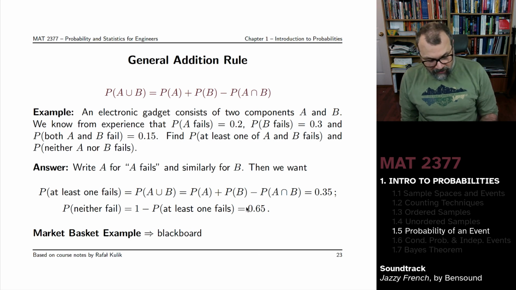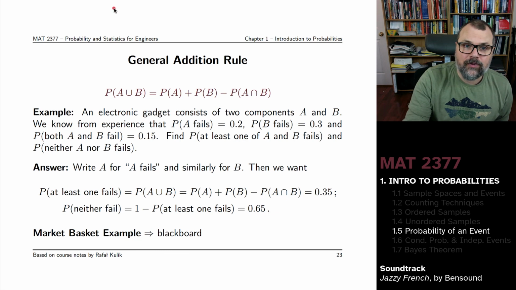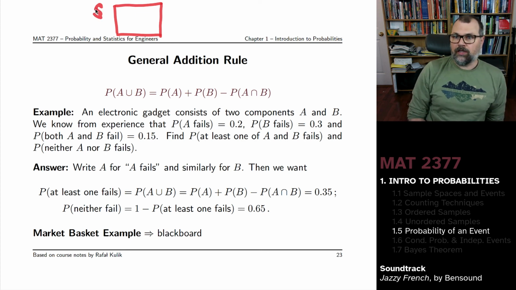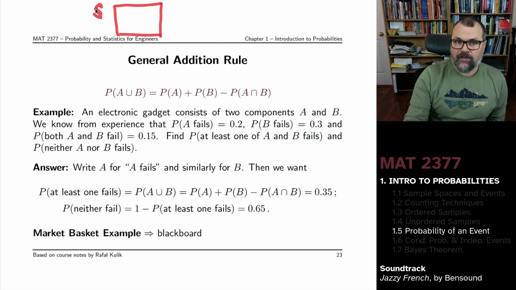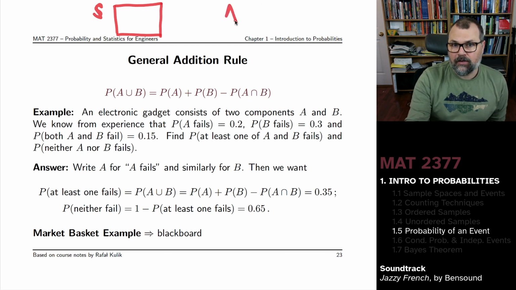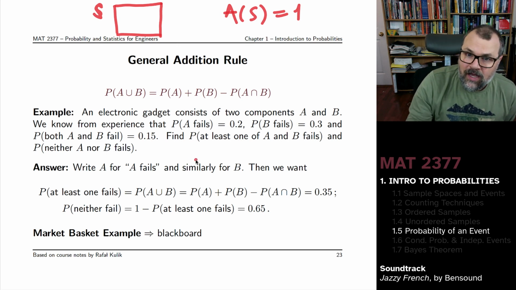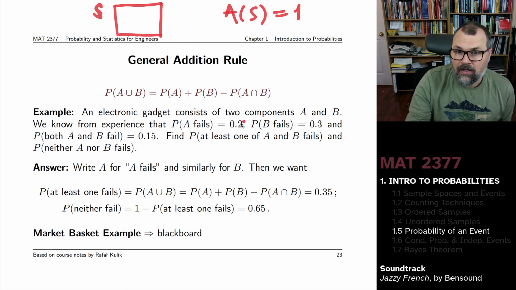If you want to think of it this way, you can imagine that you have your full sample space here as, think of it as a rectangle or a square of unit area. Imagine that this has area 1. Then you're going to come up with an event A, which basically covers 20% of your area, so 0.2.